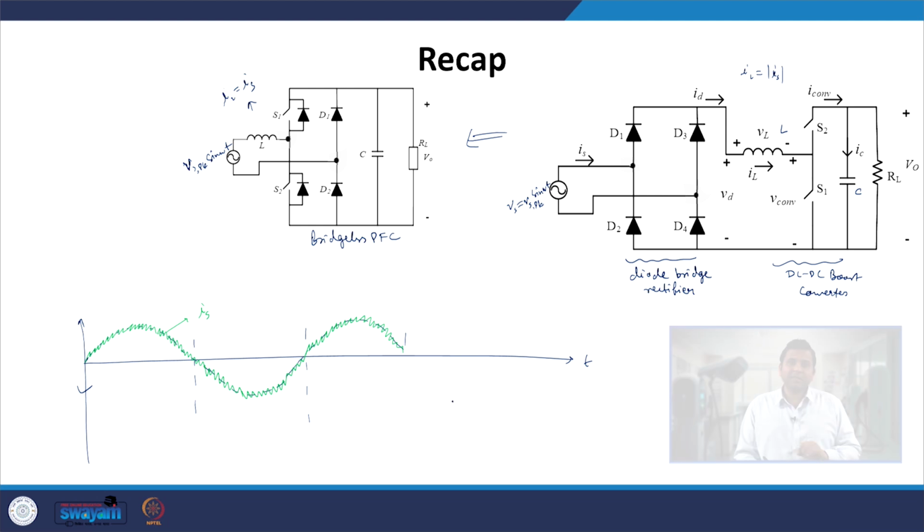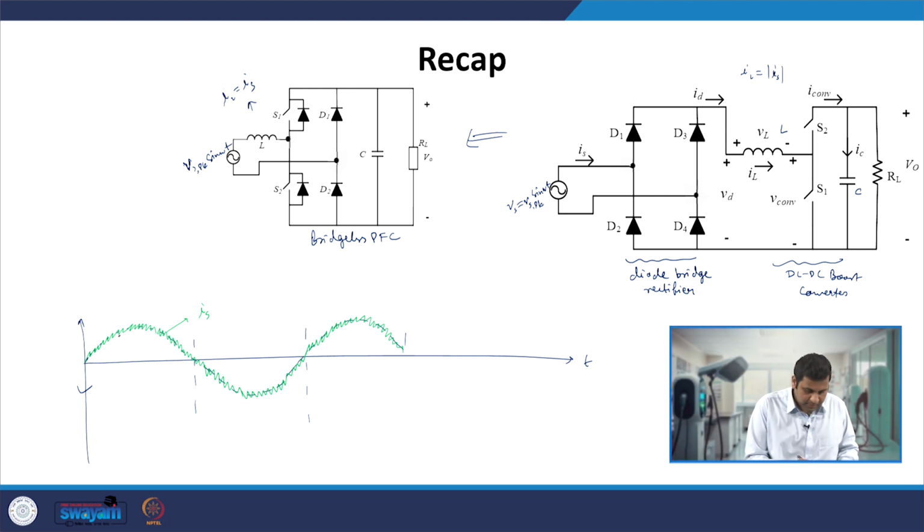Now there, at all times, we have assumed that the inductor current is continuous in nature. Let us say this is the waveform we are getting for IS. The inductor current goes with a positive slope, comes down with a negative slope, and it is not coming down to 0.